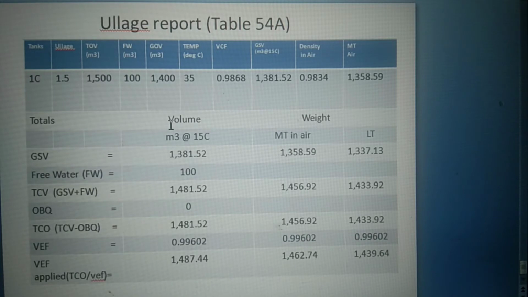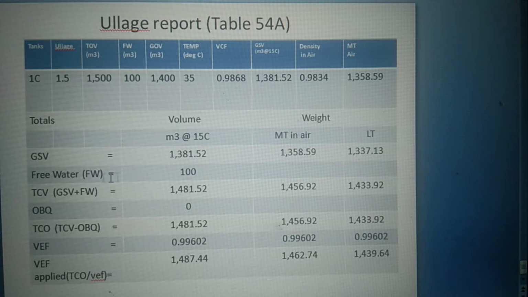Our volume quantity will be cubic meter at 15 degrees centigrade. Okay guys, so our gross standard volume, as you can see above, is 1381.52 cubic meter at 15 degrees centigrade.